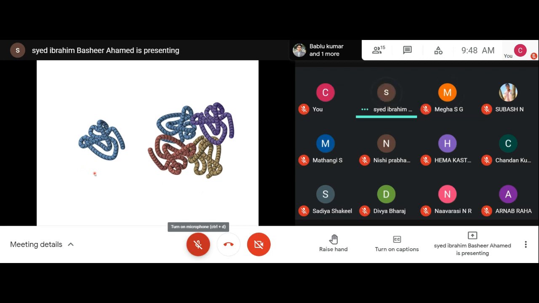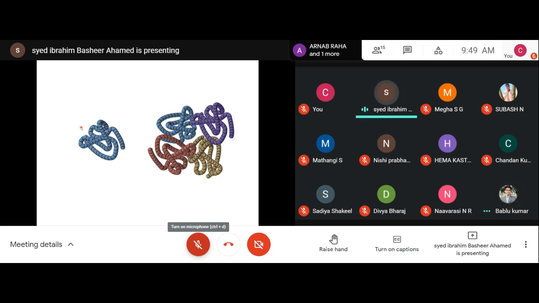What about this? Sir, the first one is looking like the simplest amino acid, glycine, but I think I am wrong.